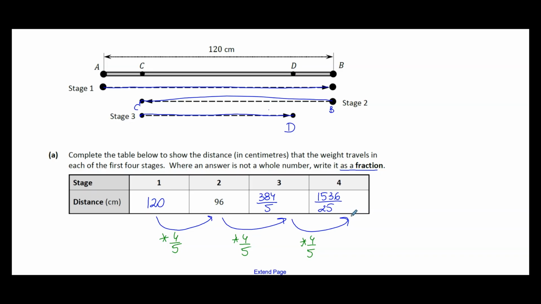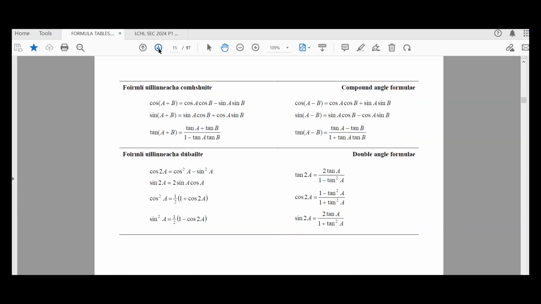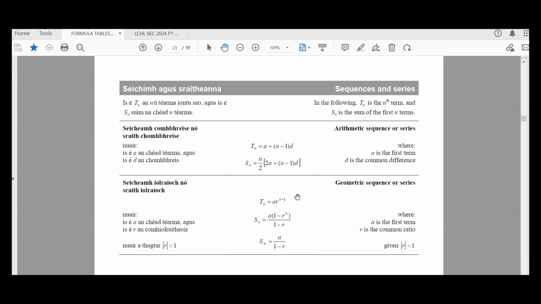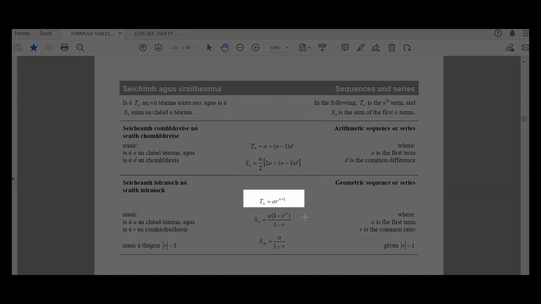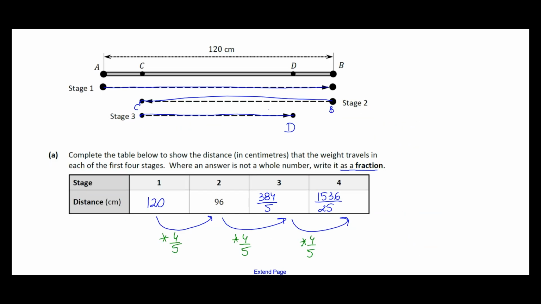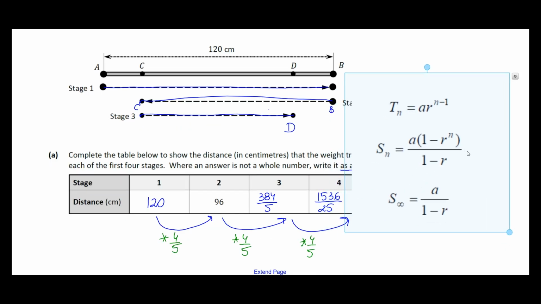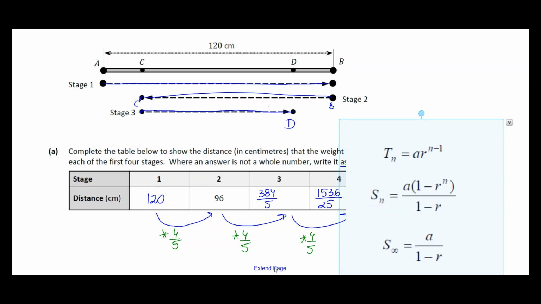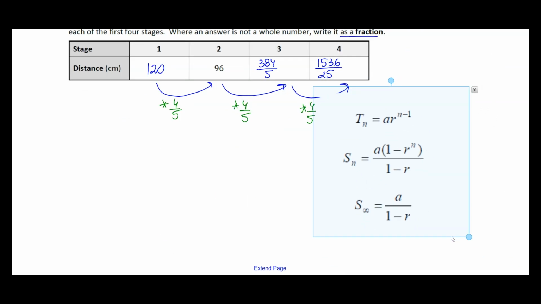Now, I just want to point out a few things when it comes to questions with geometric sequence. If you look at your table, let's open it to where we have formulas for the sequence. Those are the formulas for geometric sequence, and very often our question is about those formulas. But we need to understand what those formulas mean in the context of this particular question.